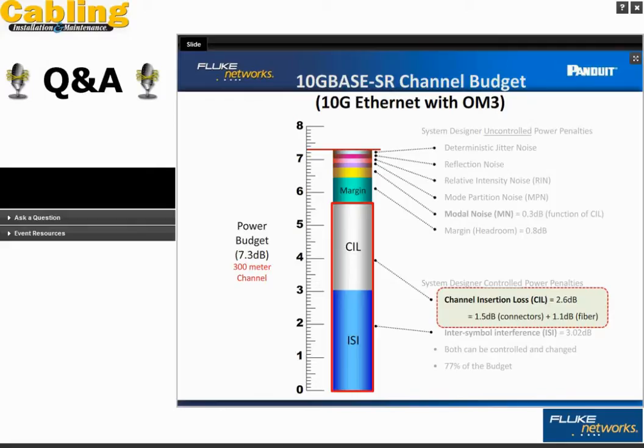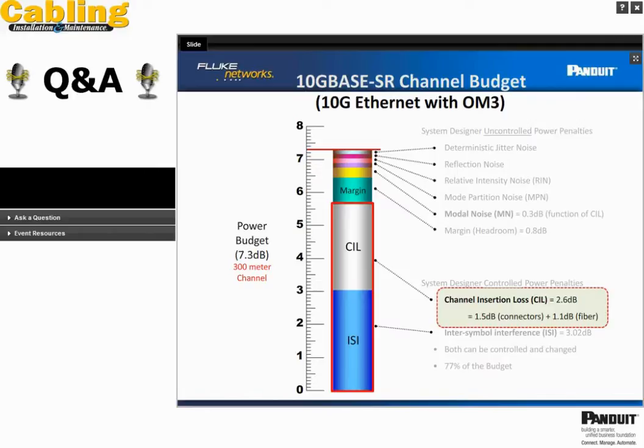Yeah, unfortunately, contractors only have 568 or international standards in hand for cabling, and these application standards are not exactly straightforward in terms of guidance on channel budget. There is leeway beyond this 2.6 that's stated here as a channel insertion loss, and some of the give back from ISI. Manufacturers typically have calculators. We have a calculator.